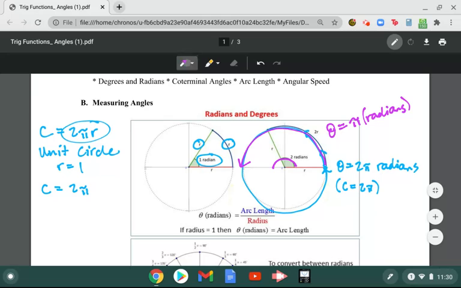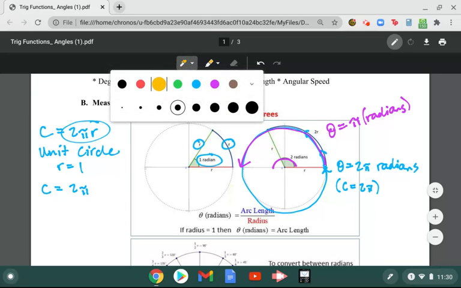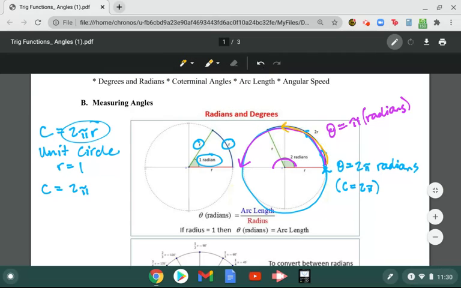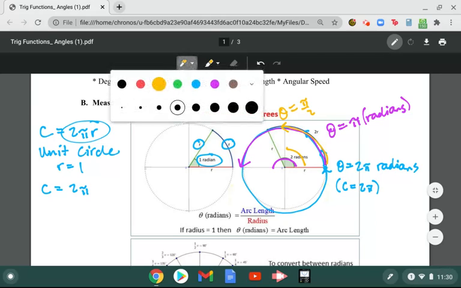So if I travel a quarter of the way around my circle, so if I land here, let's see, if I do it in terms of pi, I'm at half of pi. So here, theta is equal to pi divided by 2. So that would be this rotation. I can also travel negative, and that's going to be in the clockwise direction. So again, starting with, let me grab a different color.